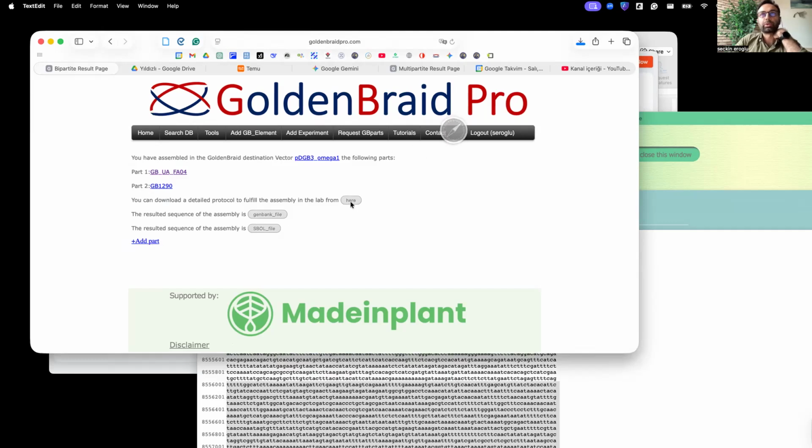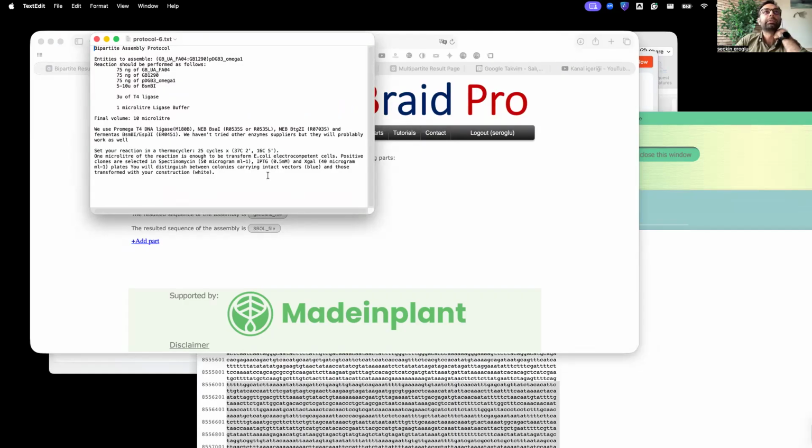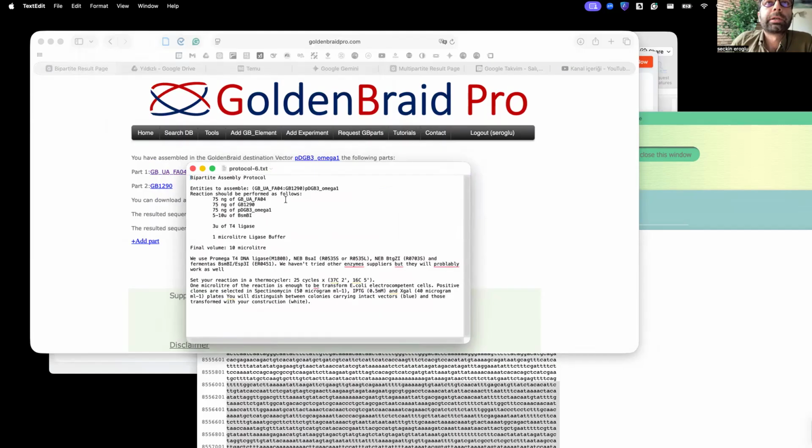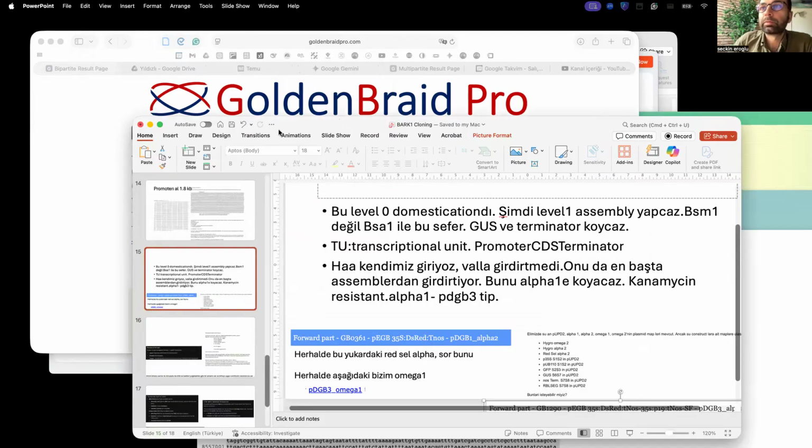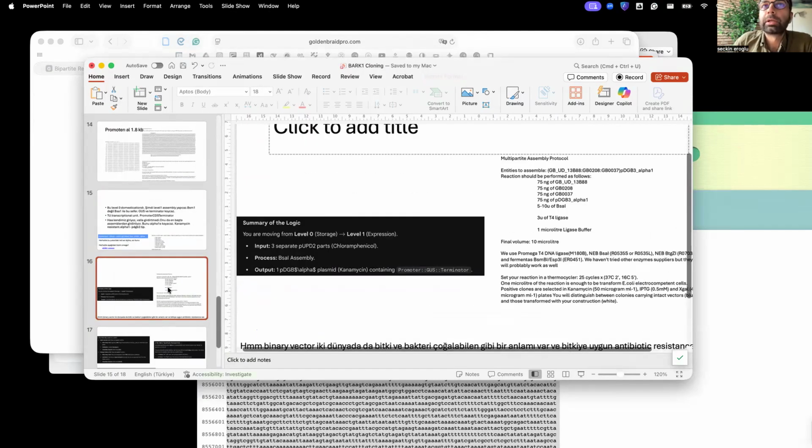So again, the protocol is here. If you look at the protocol now, for putting things into omega 1, we use the type 2 restriction enzyme BsmBI. And for putting things into alpha 1, we use another restriction enzyme.